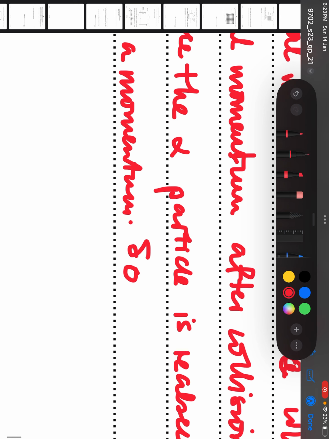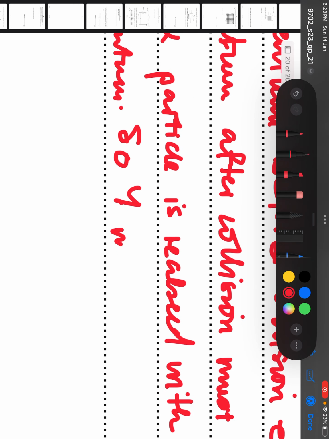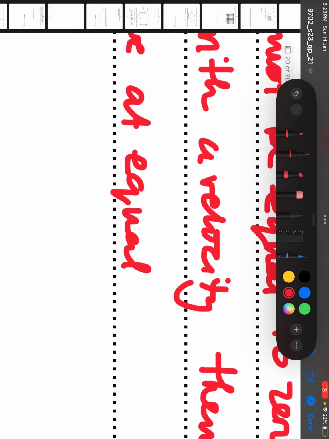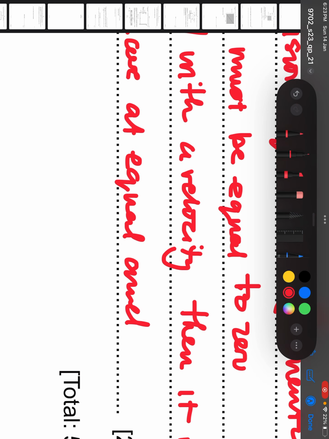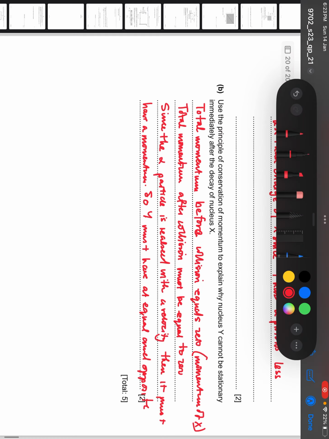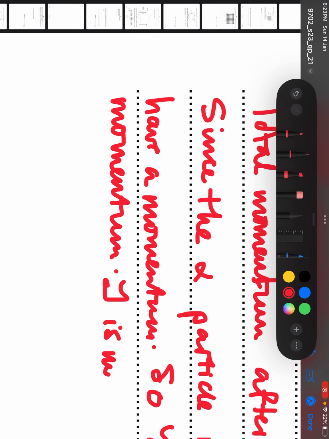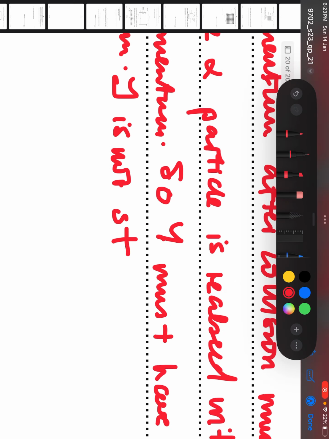So Y must have an equal and opposite momentum. Y is not stationary, because by having momentum, remember momentum is mass times velocity. So if something has momentum, then it is not stationary.